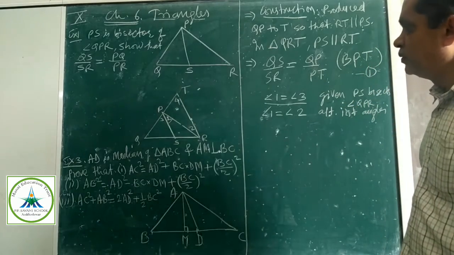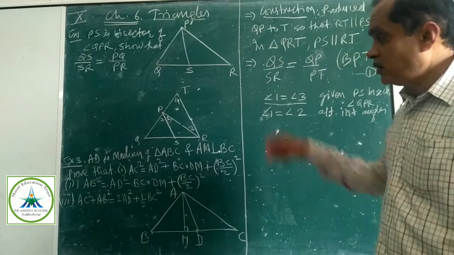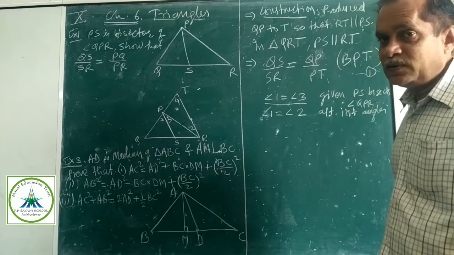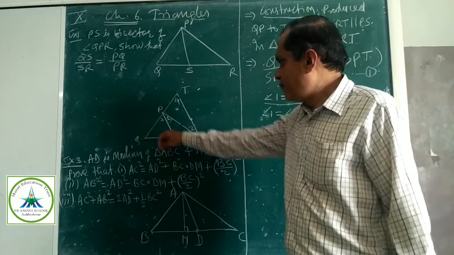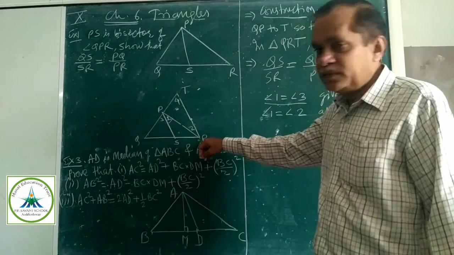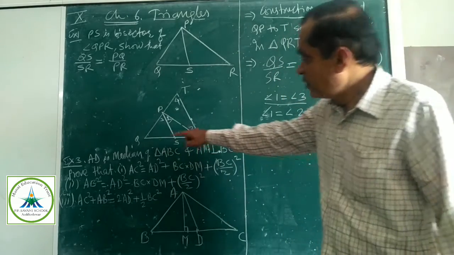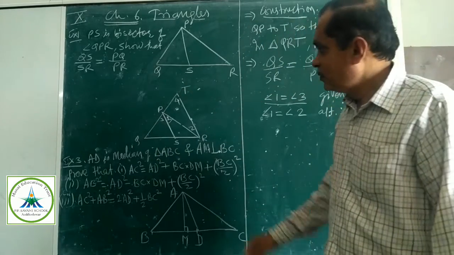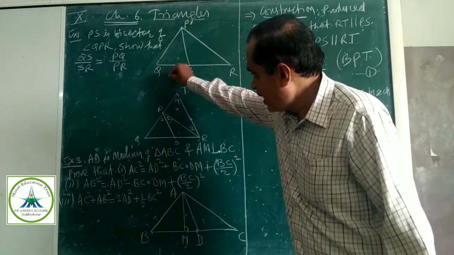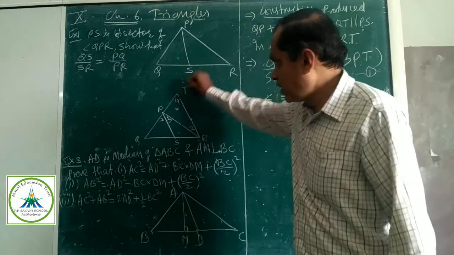Okay. Now just look here. Be careful. Again, if I take PS and RT, QT is the transversal.